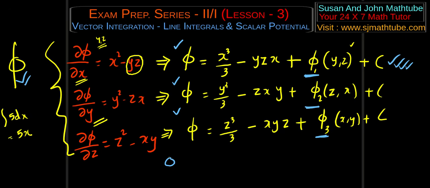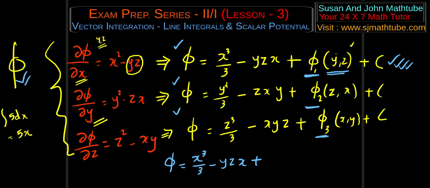So look at this. Phi is equal to, from the first equation, x cubed by 3 minus yz into x plus, okay, now I'm going to find phi 1. The specialty of phi 1 is there will be no x. It is a function completely in y and z. And all you have to do is search all the values of phi.